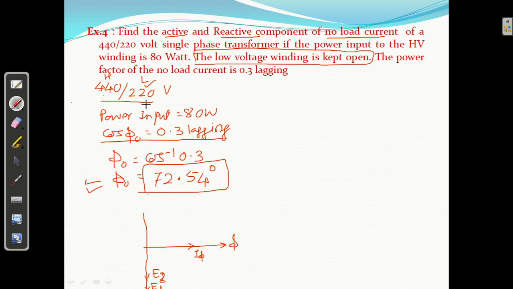Secondary side voltage is low, meaning E2 is low, 220, and this is 440. Minus E1 equals V1 dash.